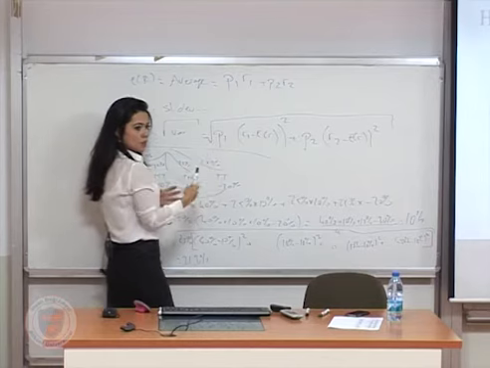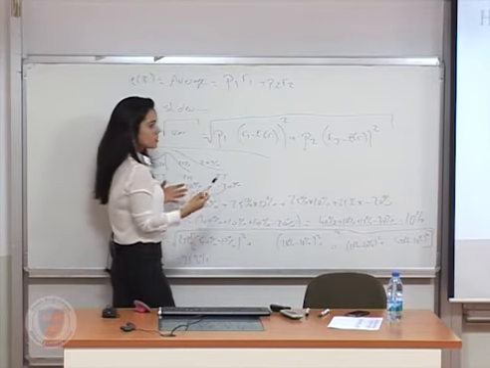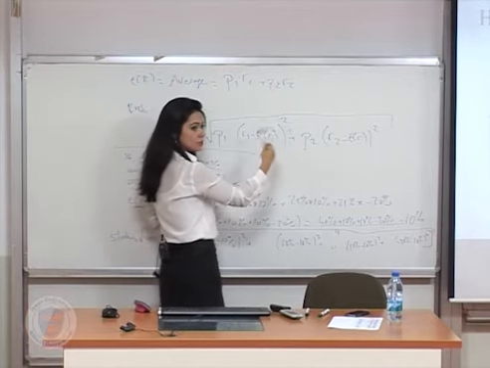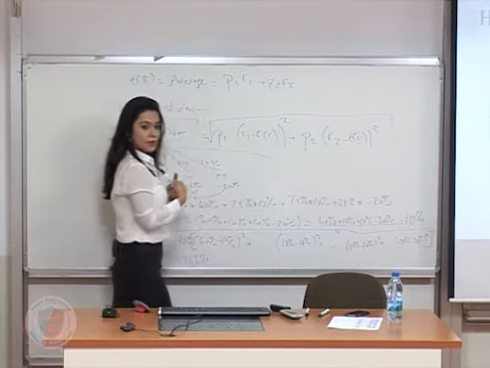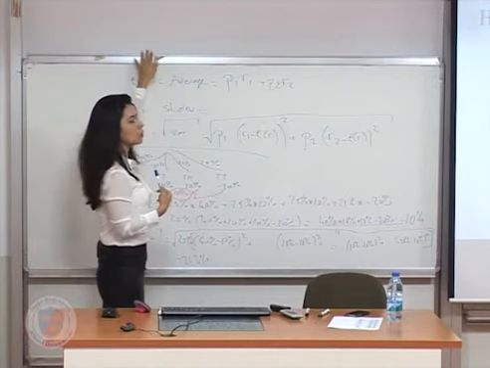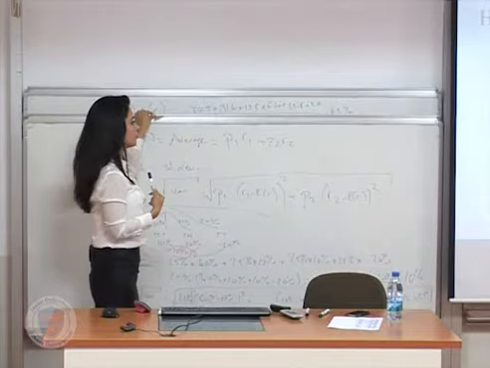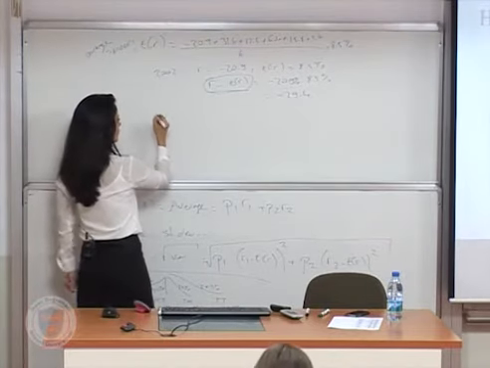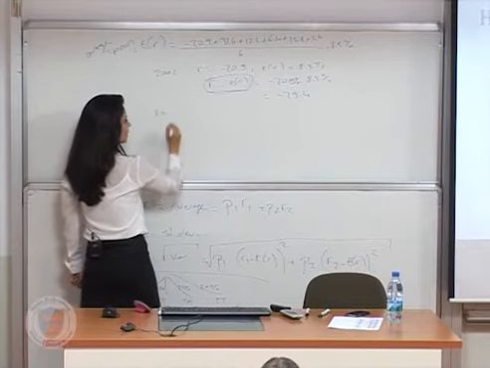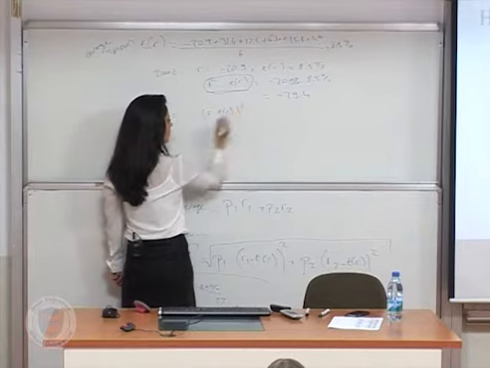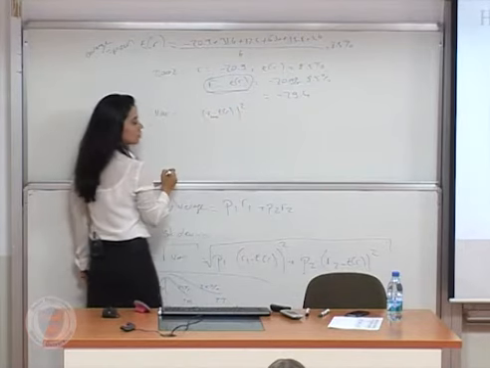Since the probabilities are the same, 1 over 6, I can basically add all the squared deviations and then divide them by 6. Right? The probability of each year is 1 over 6. So for the variance, this is going to be R minus expected return, this is for 2002.